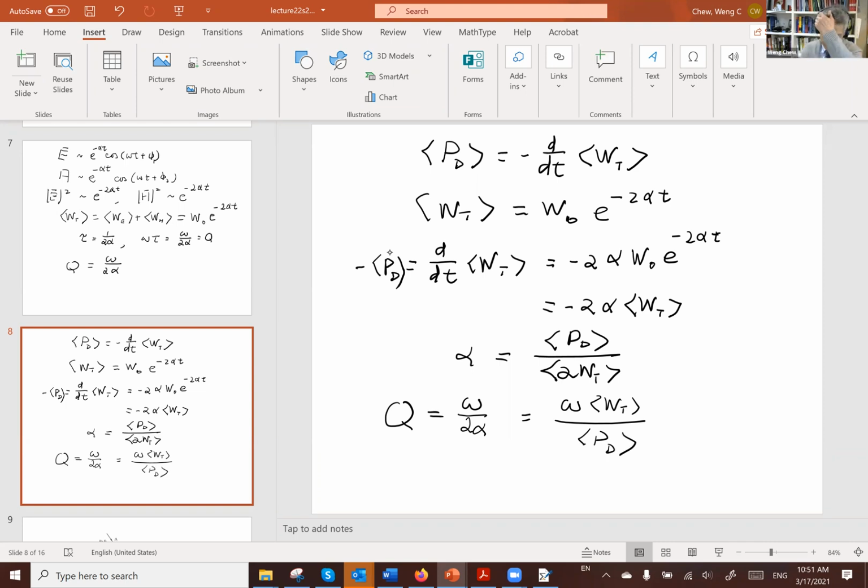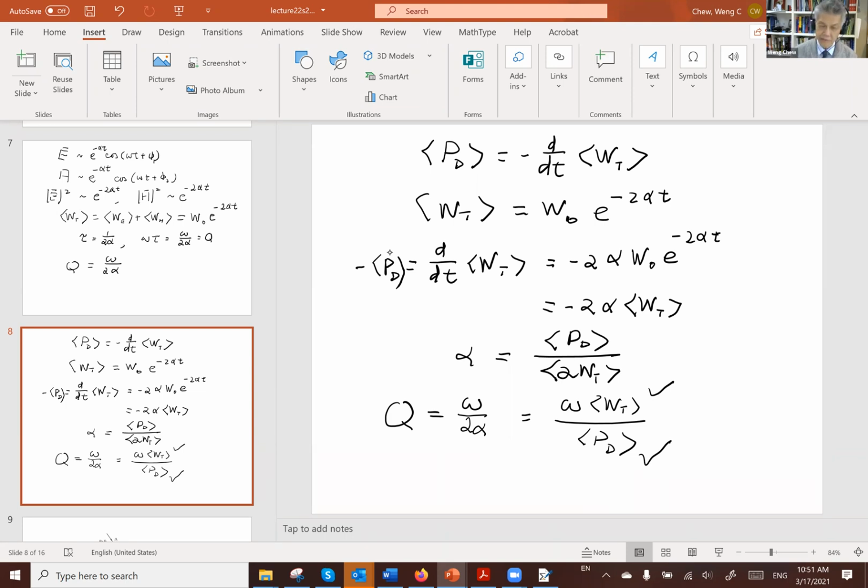So if there are ways of estimating the total energy stored in the cavity, and ways of estimating the power dissipated in the cavity, you can find the Q of the cavity. Which means that if the cavity has a lot of stored energy but very little power dissipated, its Q is high. Whereas if the power dissipation is high, the Q is low.